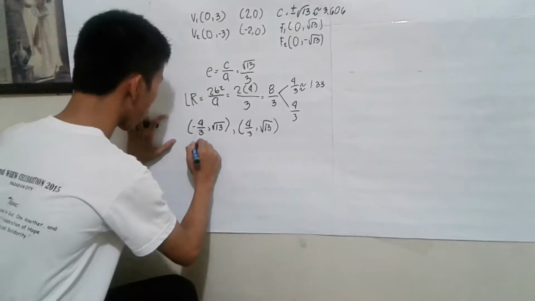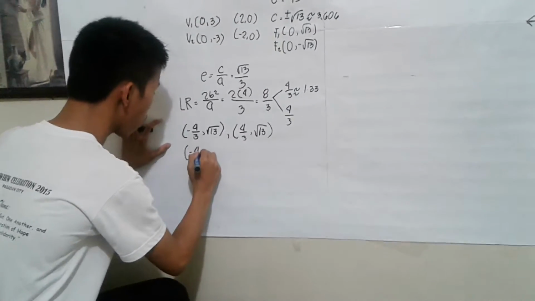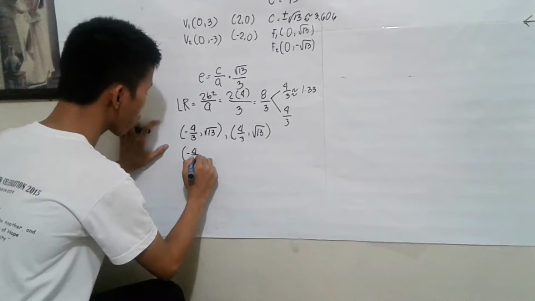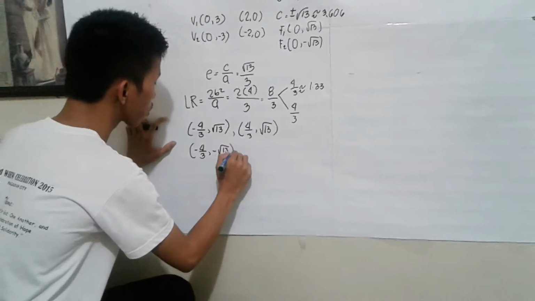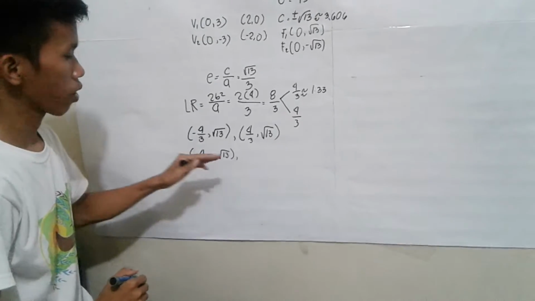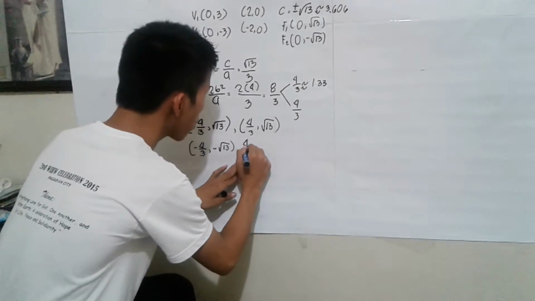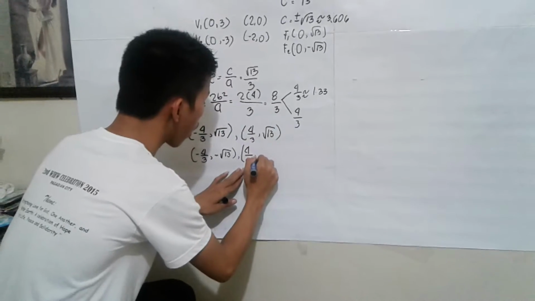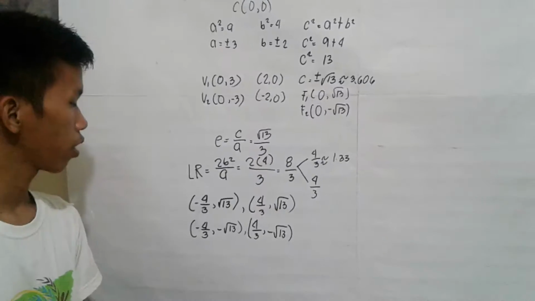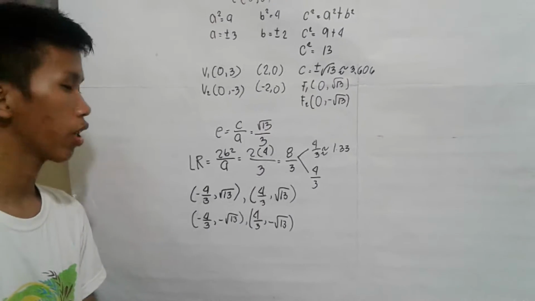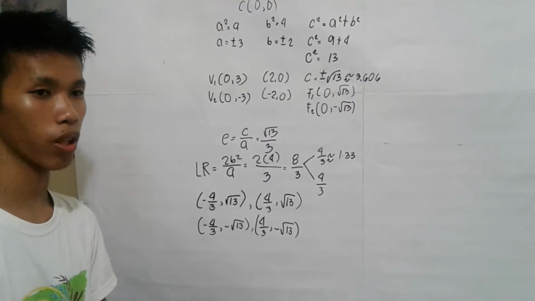And in quadrant 3 is negative 4 over 3 and negative square root of 13, and positive 4 over 3 and negative square root of 13. Now I already found the endpoints of our latus rectum.